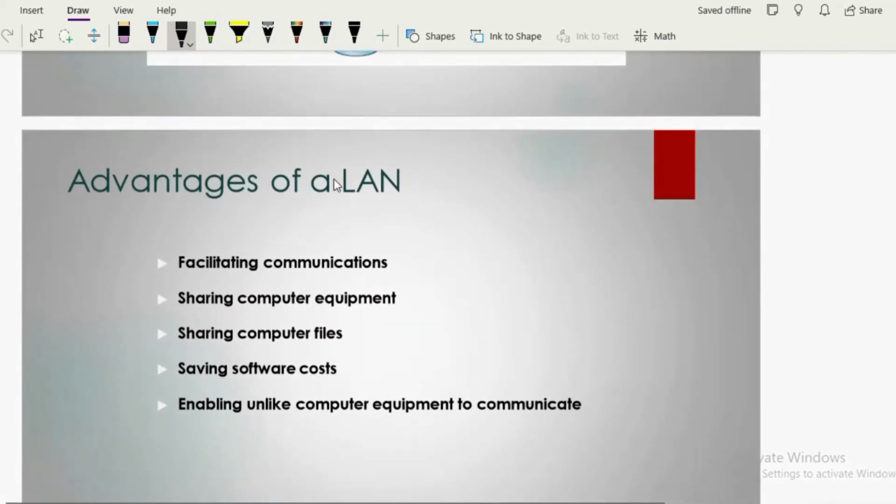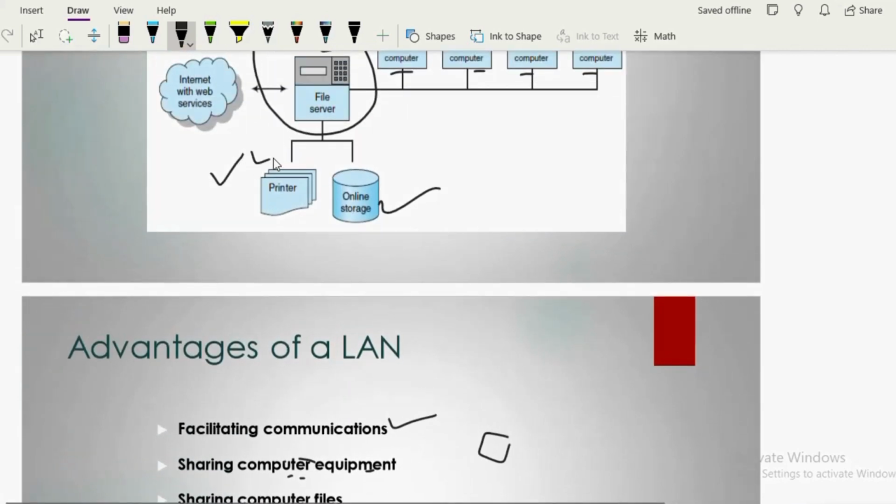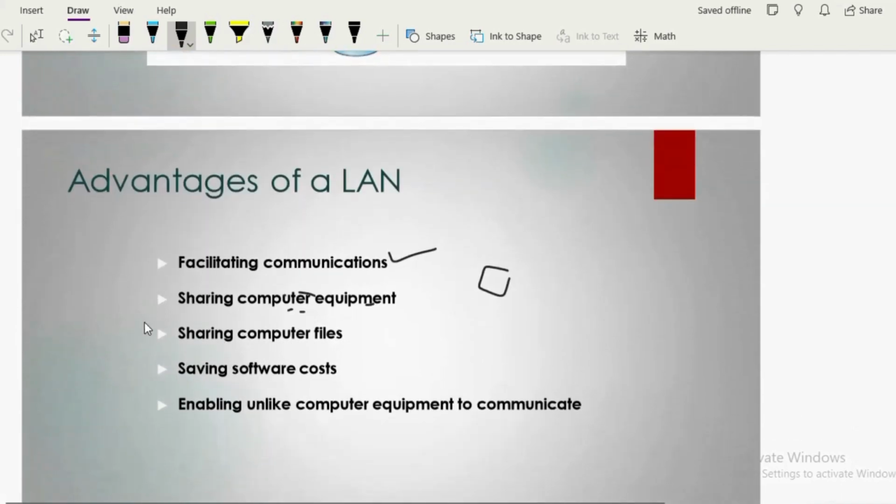There are some advantages of local area network. Number one, it facilitates the communication in an organization. You can share the equipment, or sharing computer equipment. You don't need to attach a printer with every employee's computer. There could be a central printer which could be used by all the employees because they are connected.